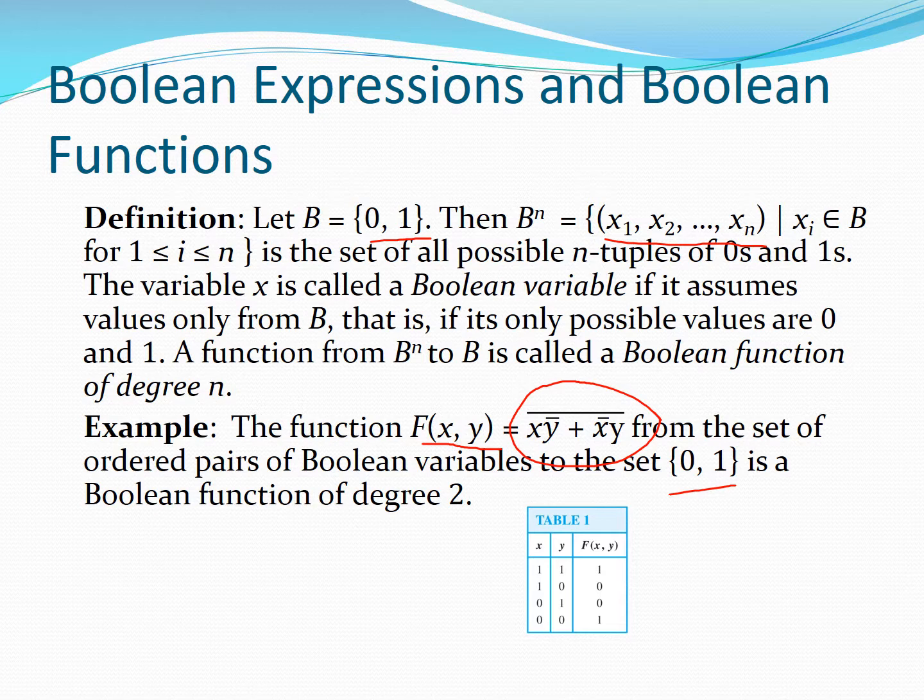So when you give x and y different values, this expression would evaluate to either a 0 or a 1. Now let's go back to our propositional functions and propositional variables.